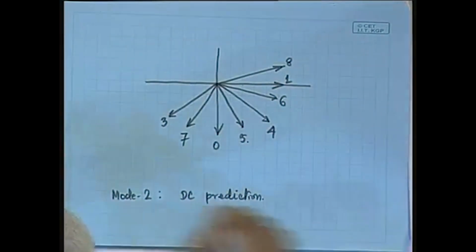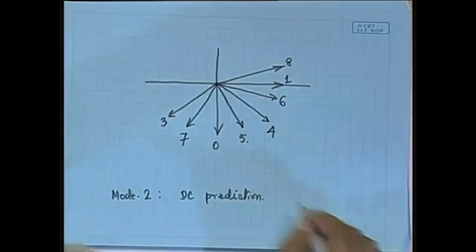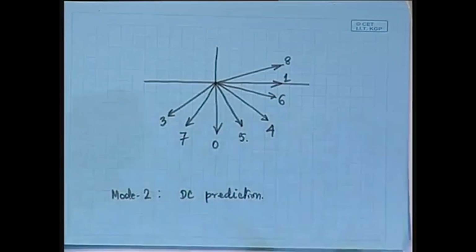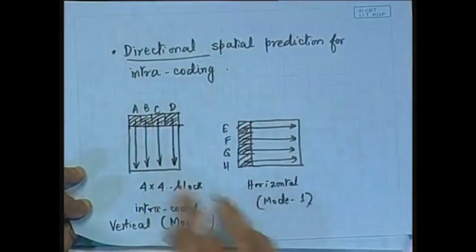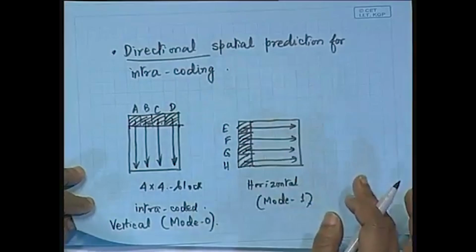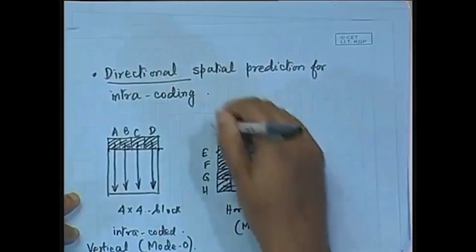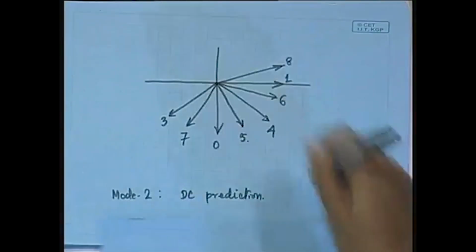Mode 2 is used as the DC prediction, but modes 0 to 8 are used similarly for predicting from different directions. Just like the way I talked about mode 0 like this, mode 1 like this. If you look at mode 4, it will be a diagonal propagation.